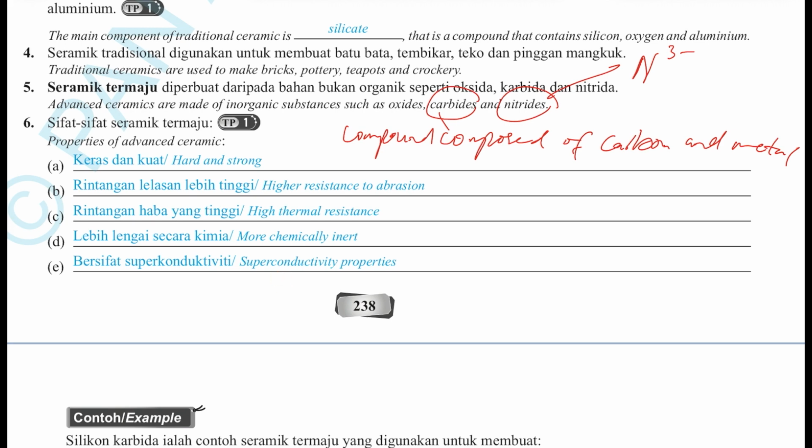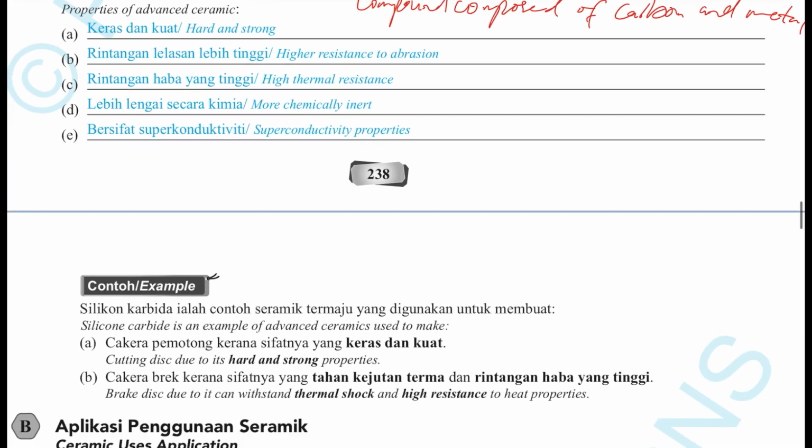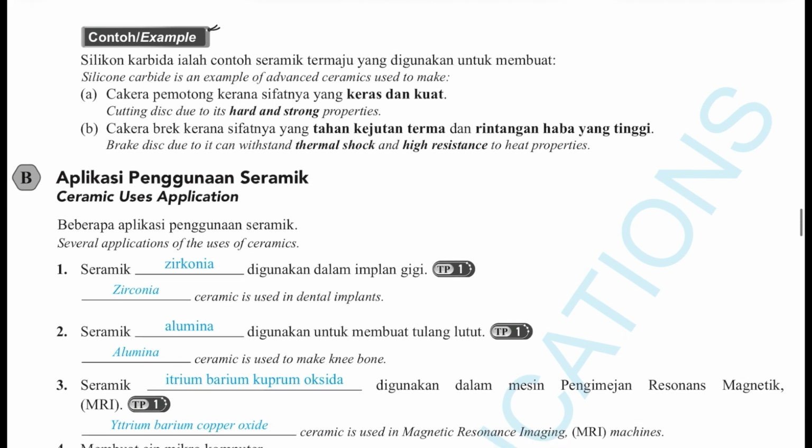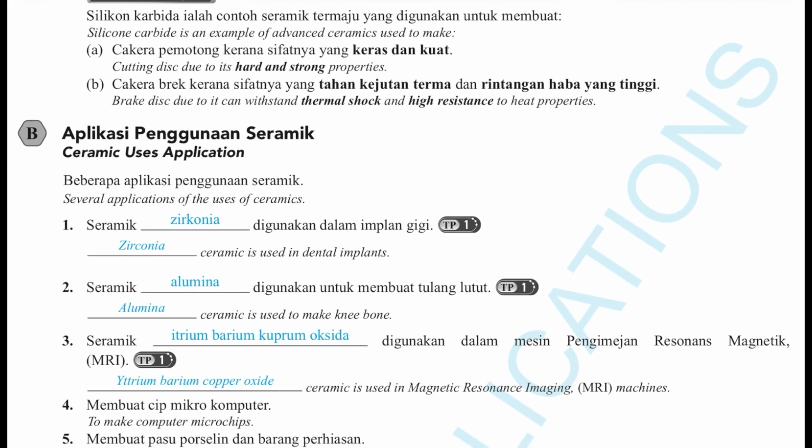Superconductivity properties. Ini adalah advanced ceramic. Okay, silicon carbide is an example of advanced ceramic used to make cutting discs due to its hard and strong properties, brake discs due to its can withstand thermal shock and high resistance to heat properties.